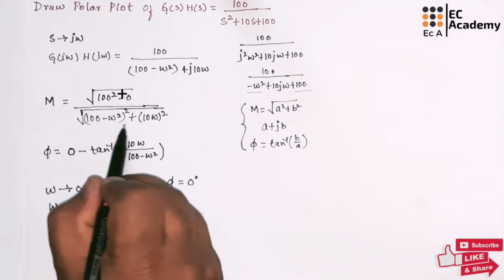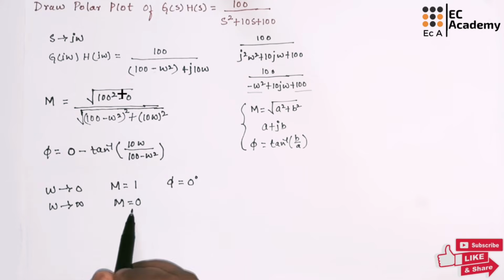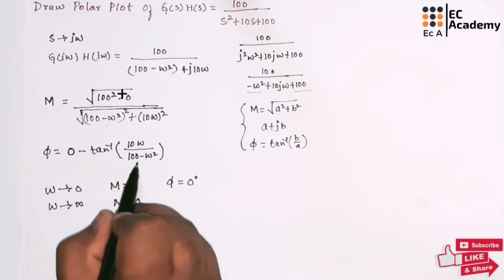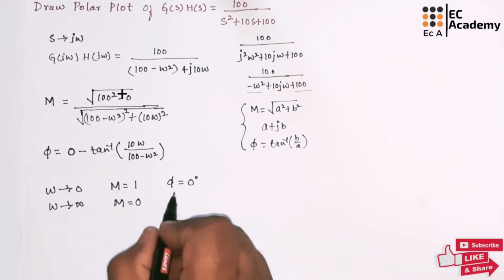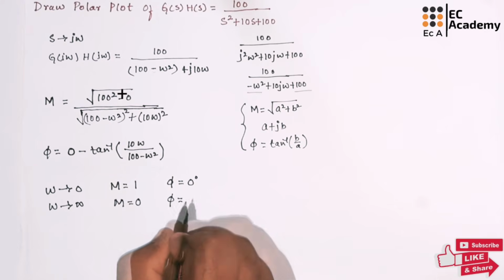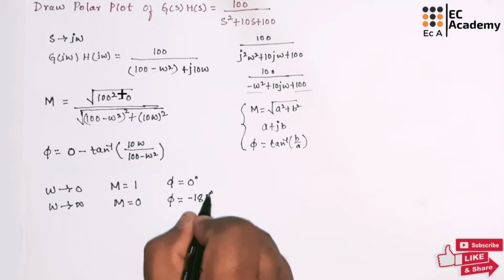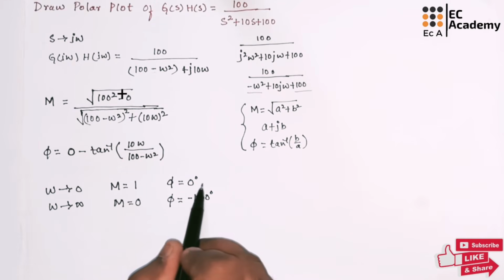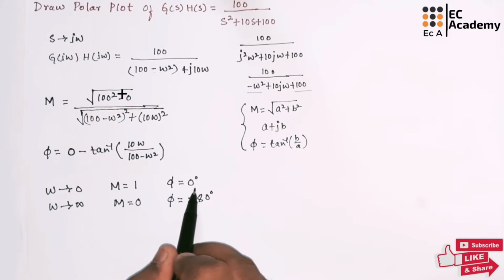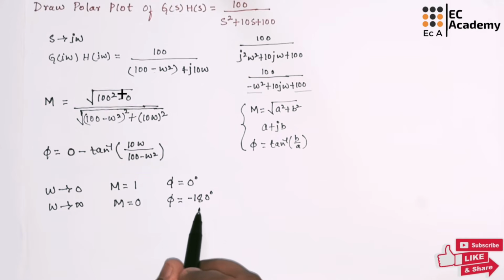And if we make omega equal to infinity in phase, we will get phase as minus 180 degree. So the starting point of the polar plot is at 0 degree and end point is at minus 180 degree, which means the plot should be rotated minus 180 degree clockwise.